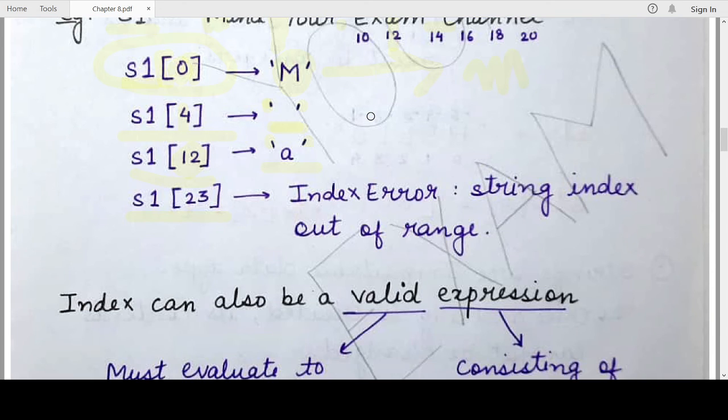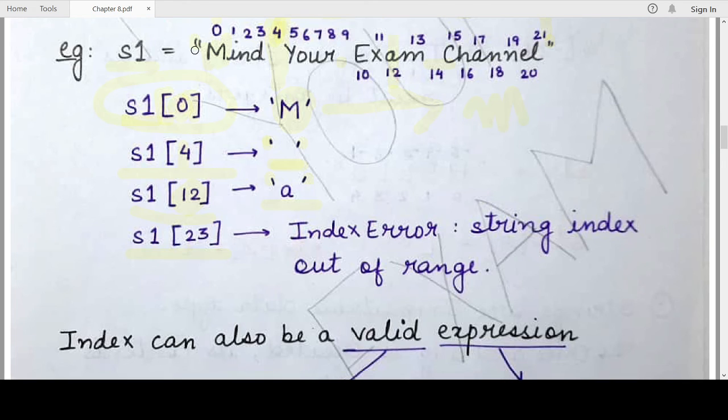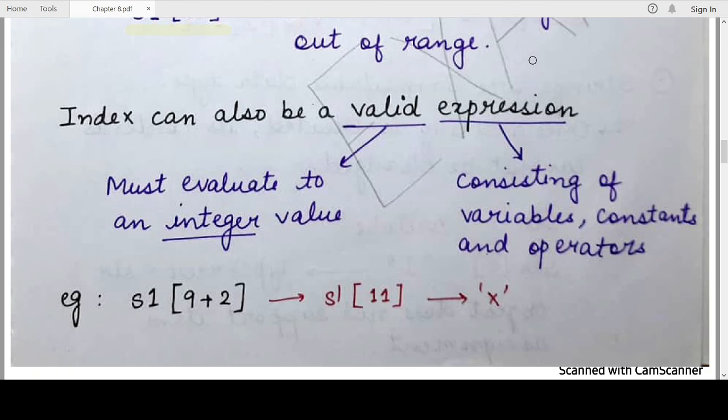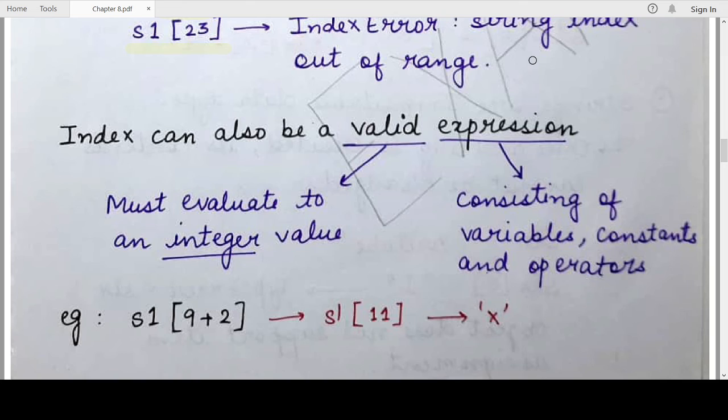The error would be that the string index is out of range. Okay, now another thing that you must keep in mind is, firstly, the quotation marks are not included in indexing, and secondly, the index can also be specified as an expression, any valid expression that will evaluate to a value that will finally result in some integral value. Also remember that indexing, whether positive or negative, is always integral.